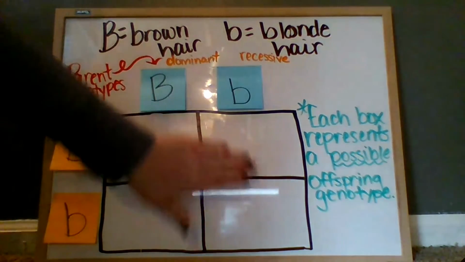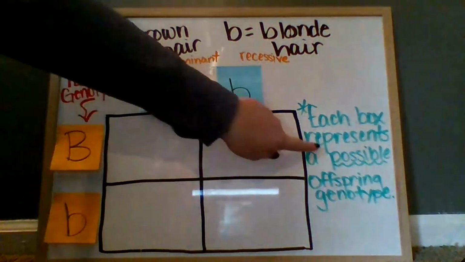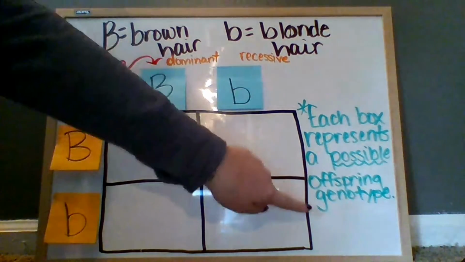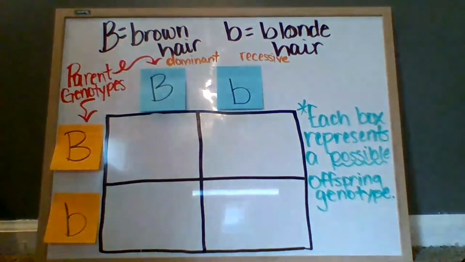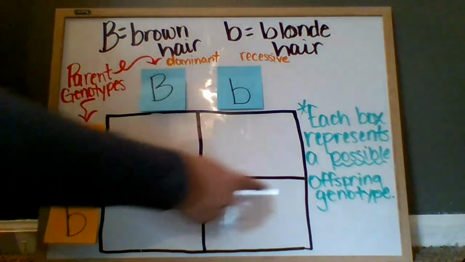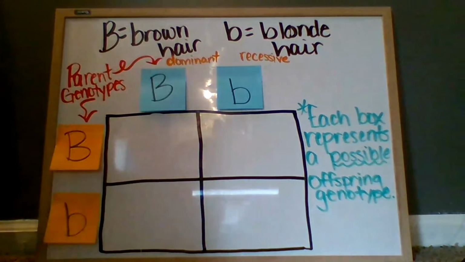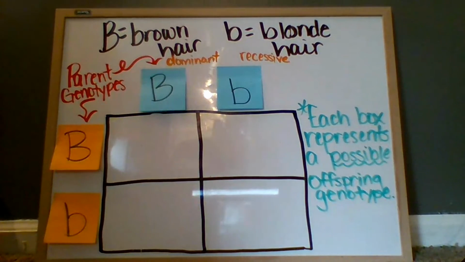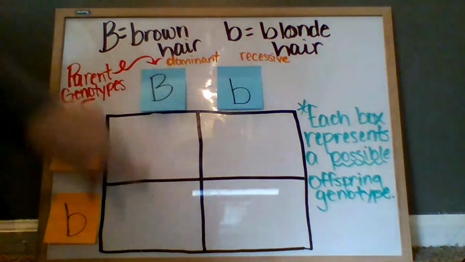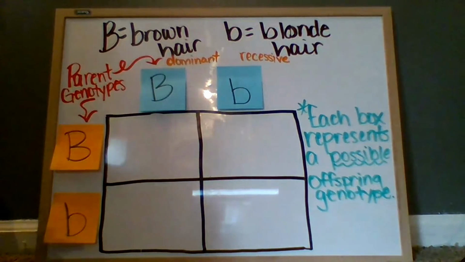Okay? So let's try this now. We've got to fill in our Punnett square. And I have a note over here. Each box represents a possible offspring genotype. And if you look, we have 4 different sections. So what percentage does each of these represent? 1 box out of 4. That means a fraction 1 over 4.